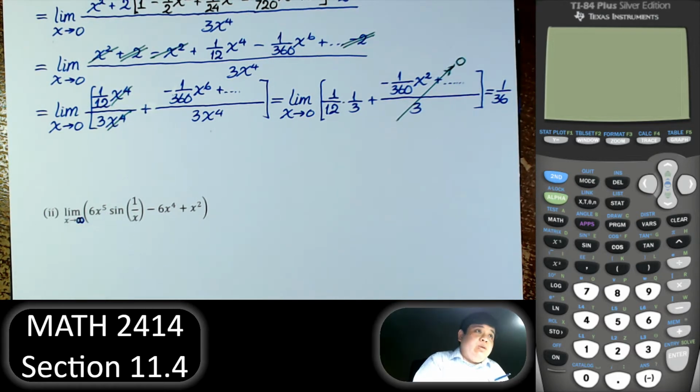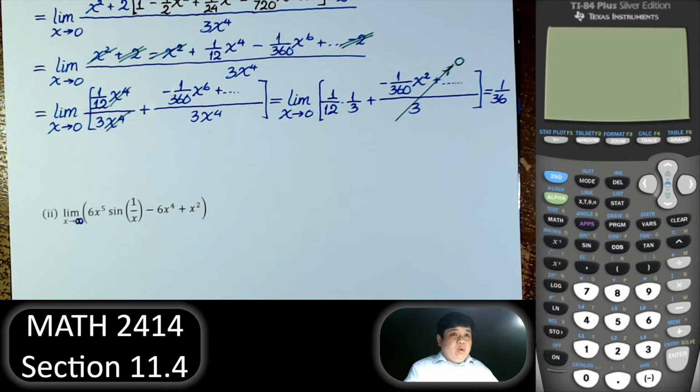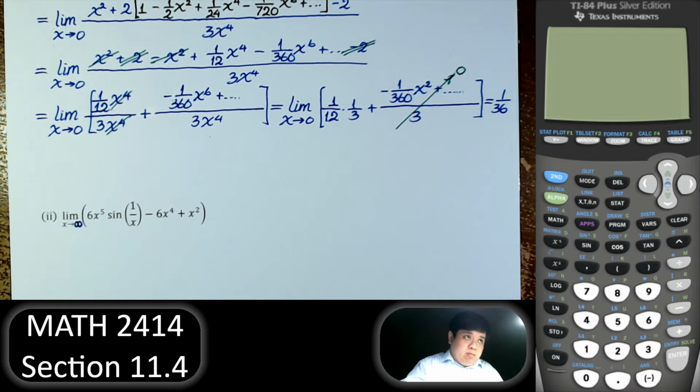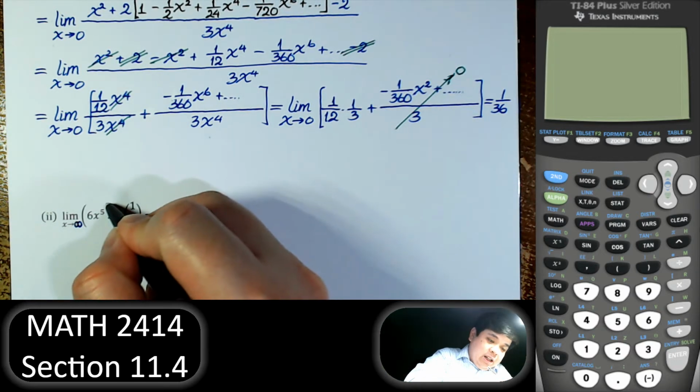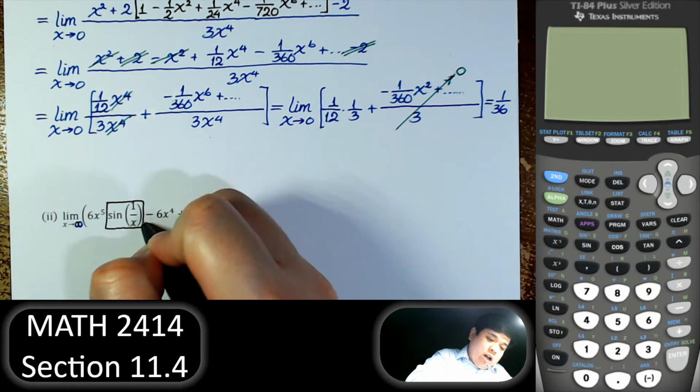And with 6x to the 5th, x goes to infinity, so we have infinity times 0 here. So that is also indeterminate. However, this will be more complicated, so maybe we use the power series again. Maybe it helps. Right, we're going to write the power series for sine of 1 over x.